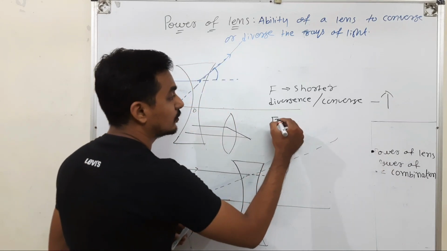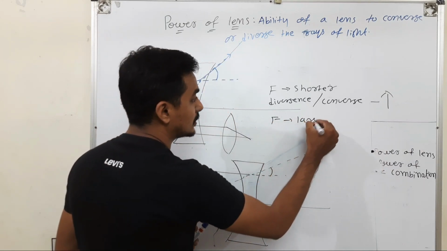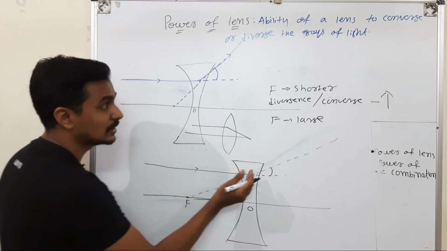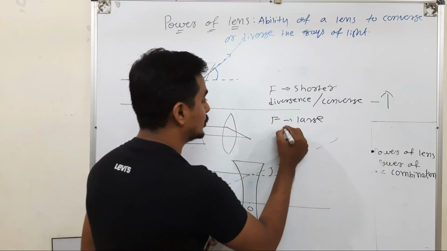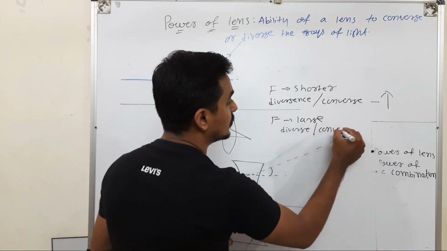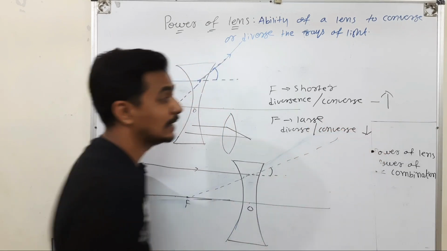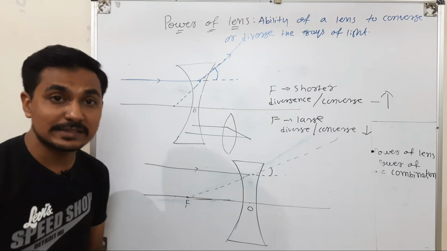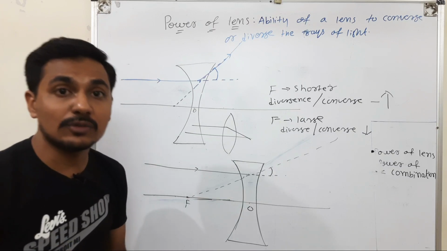If focal length is large, then the ability to diverge or converge is less. So we can say, what is the power of lens?